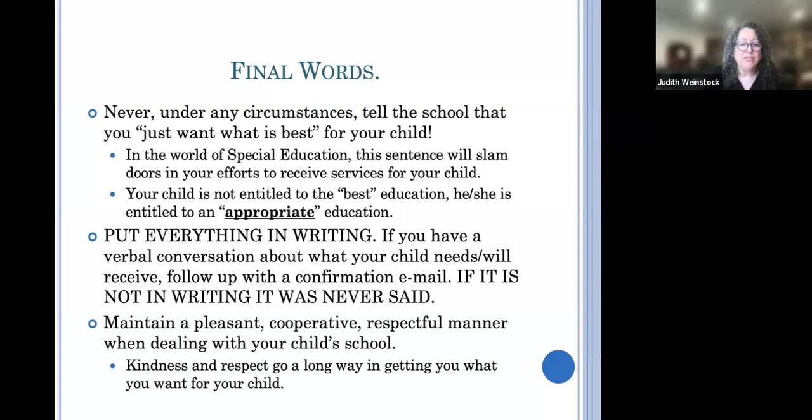So we always find that it's very helpful to maintain a pleasant, cooperative, respectful manner when dealing with your child's school. We believe that kindness and respect goes a long way in getting what you want for your child. In our years of experience doing this, we find that it really can be an incredibly effective way of getting your child what they need in order to make progress and to develop a very robust, effective IEP.